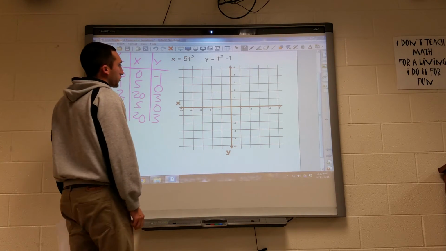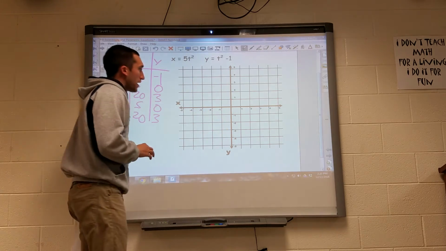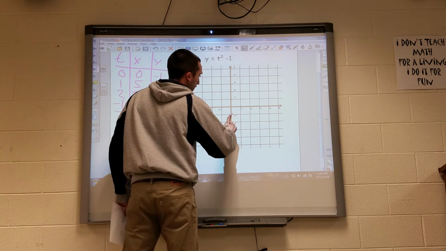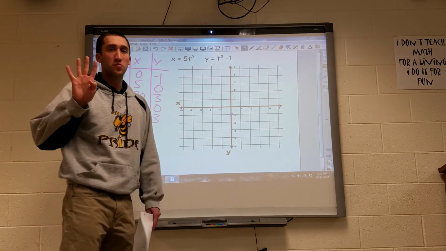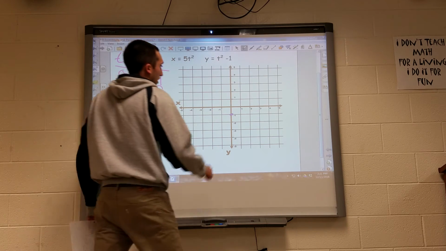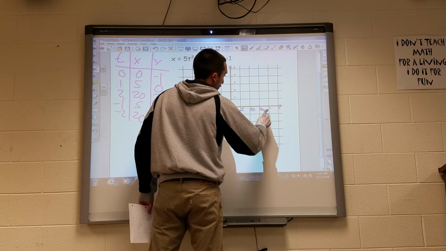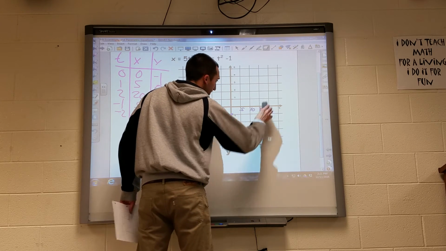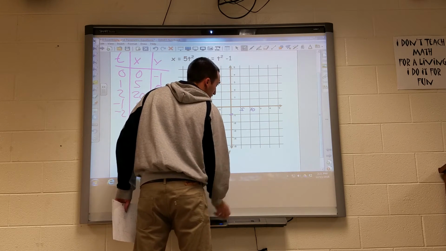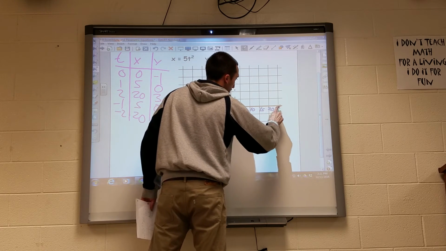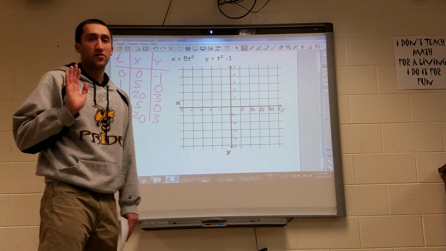First is x is 0, y equals negative 1. I'll let the y scale stay the same, but I'm going to change the x scale. I'm going to pretend the x scale is going out by 5: 5, 10, 15, 20, 25.